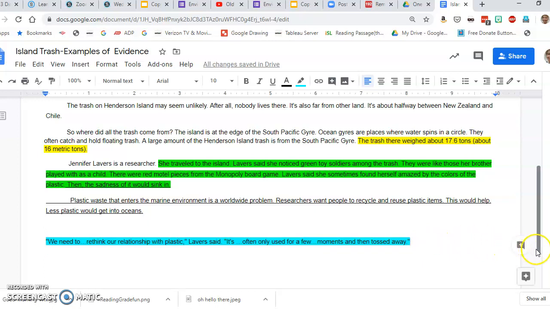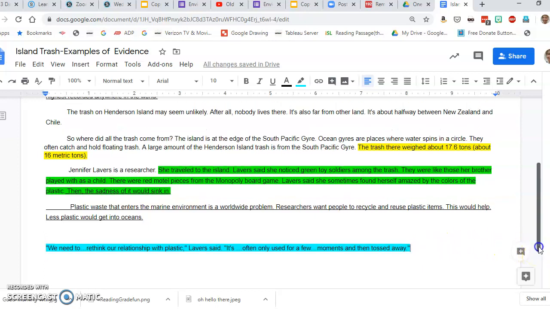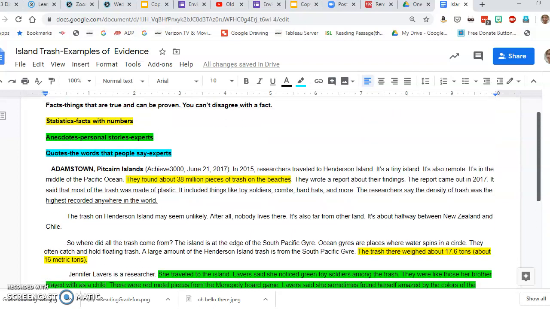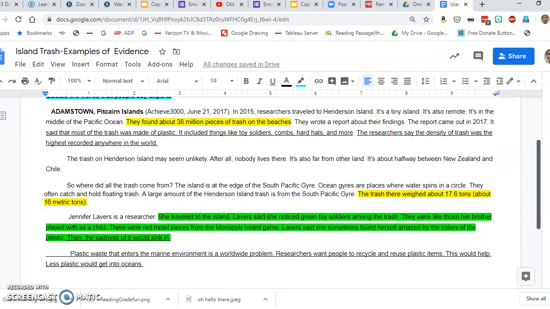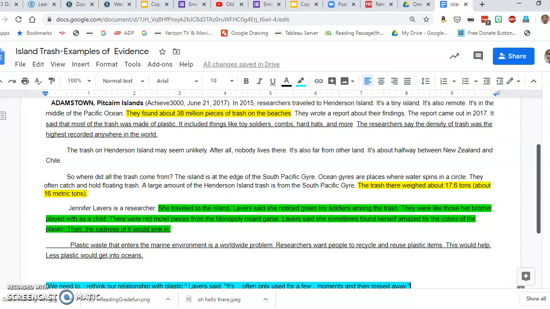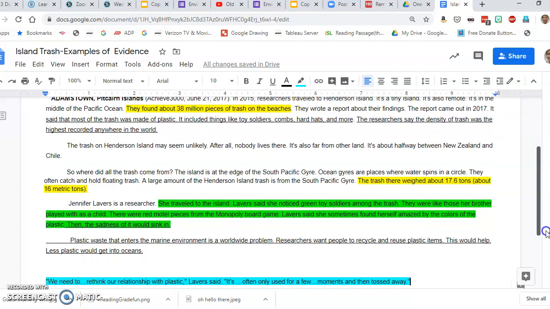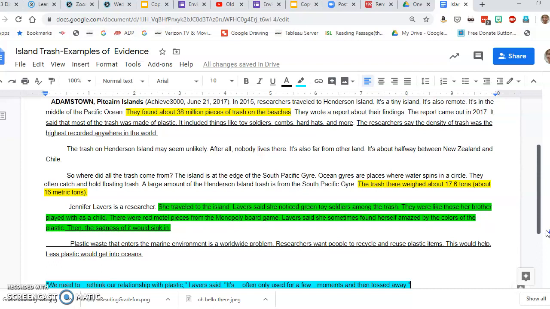All right, so now I have my article. I've read through it. I've identified several important pieces of evidence that I might want to use in my essay. So usually what the writer would do is in your notebook, you're going to have a worksheet where you're going to collect different types of evidence from the two articles that you're going to read.